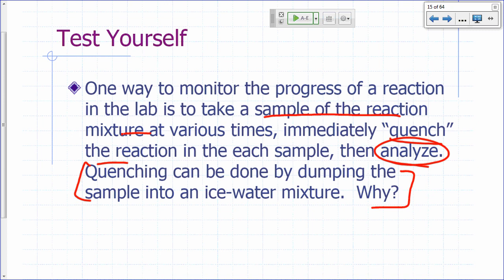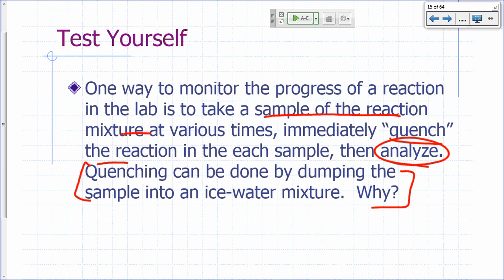So I have a reaction mixture, I take a little sample of it, I dump it into an ice-water mixture. Why does that work for quenching reactions? The ice-water mixture is cold, right? So you have a little sample of your reaction mixture, you're cooling it down, you slow down the reaction.